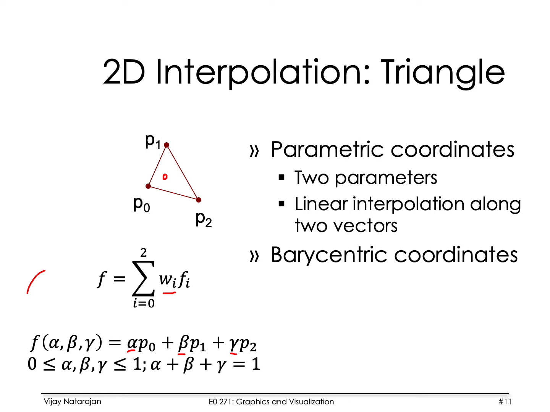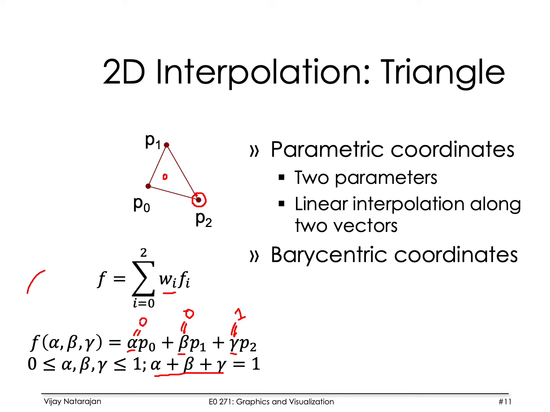The properties that the barycentric coordinates satisfy are that alpha, beta, gamma have to be between 0 and 1, and they sum up to 1, right? So more specifically, if you are at one of the vertices, let's say P2, then the barycentric coordinate that corresponds to P2, which is gamma here, will be equal to 1, and the barycentric coordinates corresponding to the others will be equal to 0.